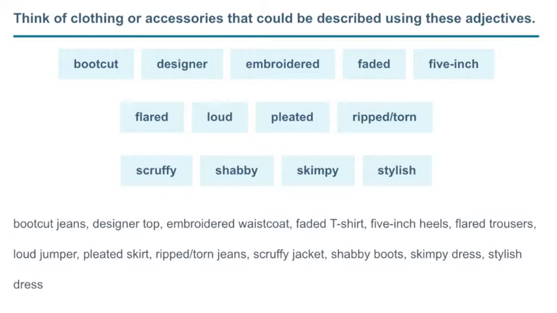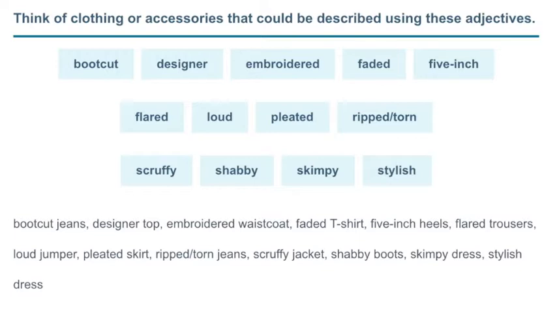But bootcut is only for pants, right? Then 5-inch is used for, in this case, heels, but in general you find that one to describe the height of either the heel or the platform of your shoes. Flared is a bit more general, could be used for trousers, could be used for sleeves of clothes.